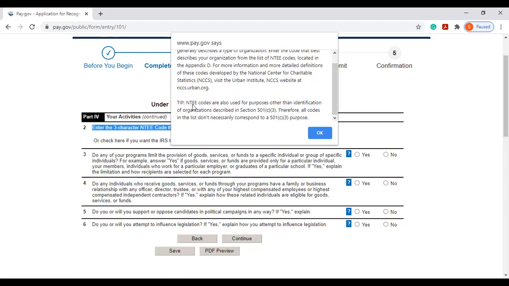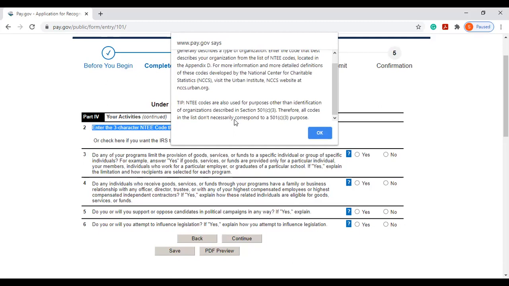Tip: NTEE codes are also used for purposes other than identification of organizations described in Section 501(c)(3). Therefore, all codes in the list don't necessarily correspond to a 501(c)(3) purpose.